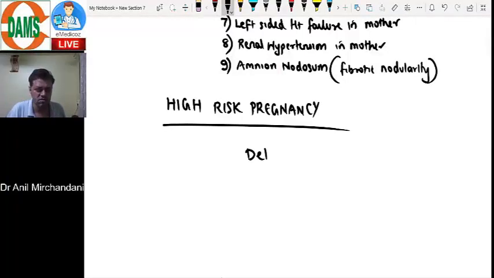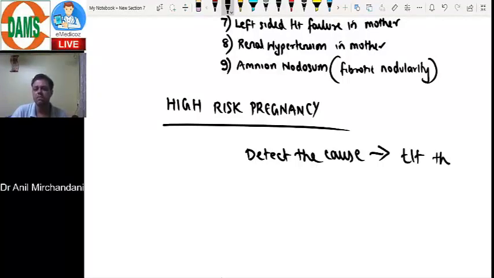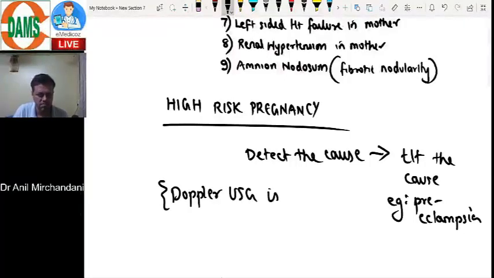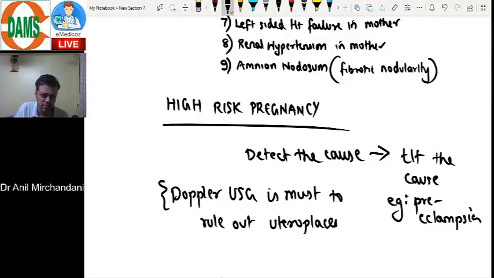So detect the cause, rule out the causes, and if there is preeclampsia, then treat the cause. Controllables should be controlled, and Doppler USG is a must to rule out uteroplacental insufficiency.